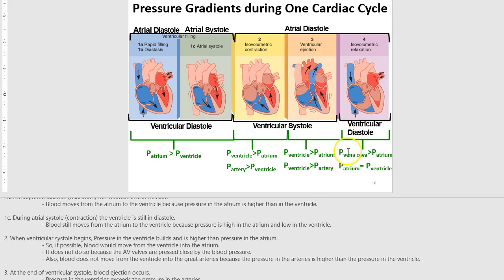The pressure in the vena cava is higher than the pressure in the atrium. Same is true on the left side. The pressure in the pulmonary veins is higher than the pressure in the left atrium. The pressure between the atria and the ventricle is probably about equal at this point because the AV valves have not opened yet.